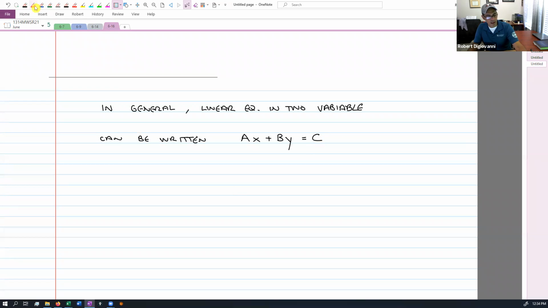So the examples I gave you already were X plus Y equals 10, and then we did 2X plus Y equals 10. Both of these are examples of linear equations.